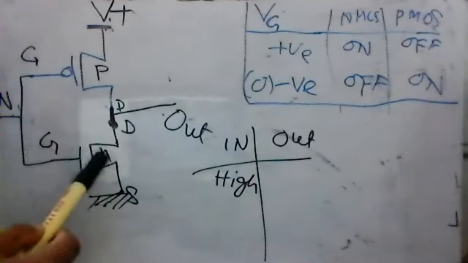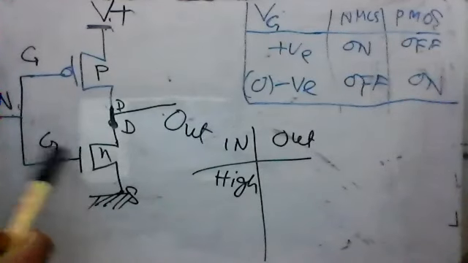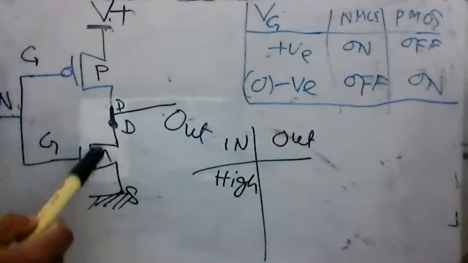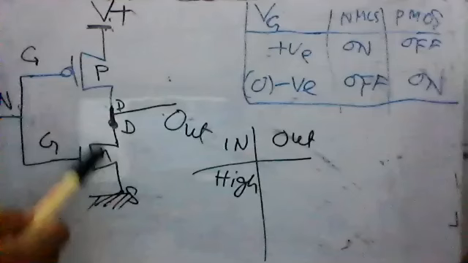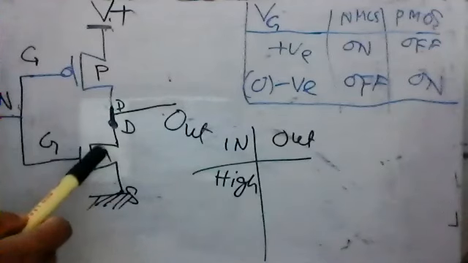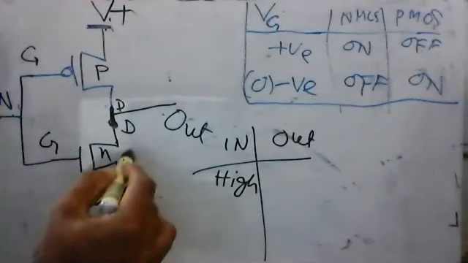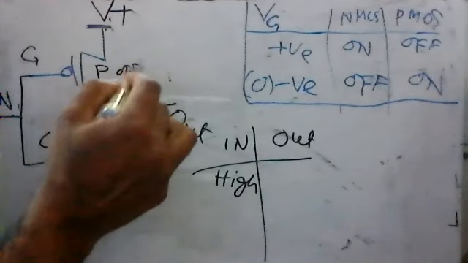But in NMOS, we learned last class, if we apply a positive voltage here at the gate, then there will be a channel underneath this gate and the current will start to flow. So that means this one will be on, and this one is off.